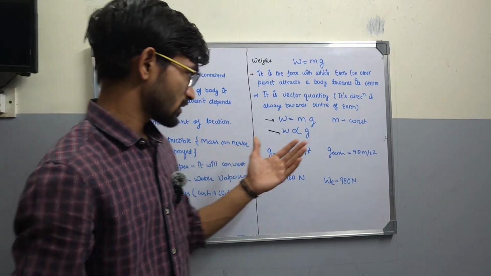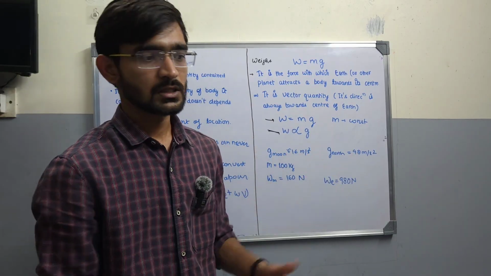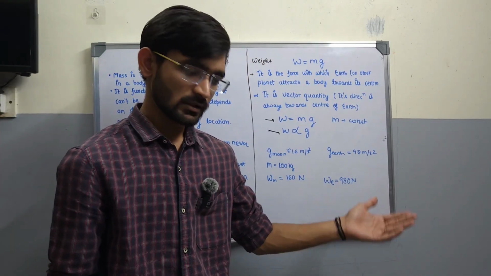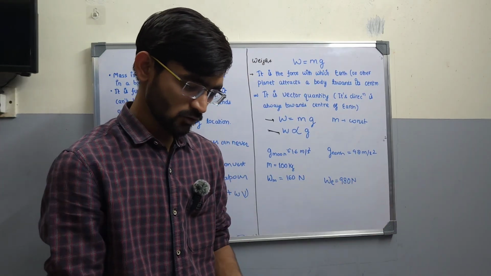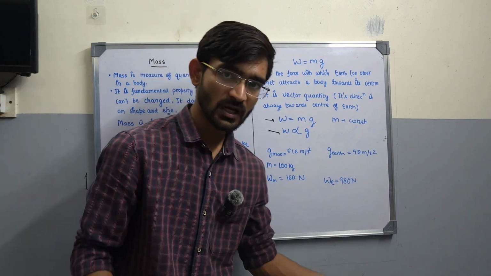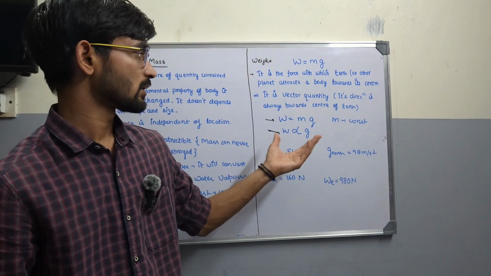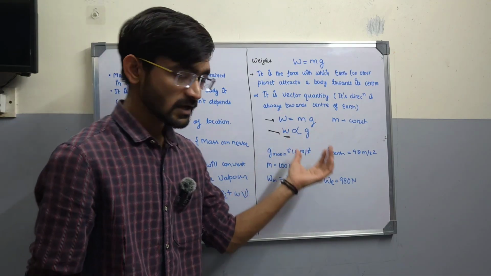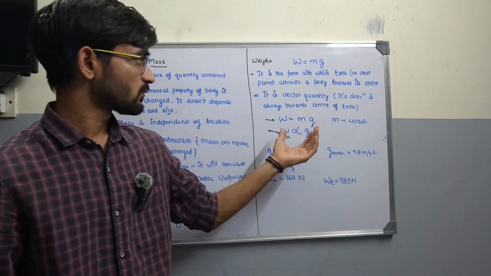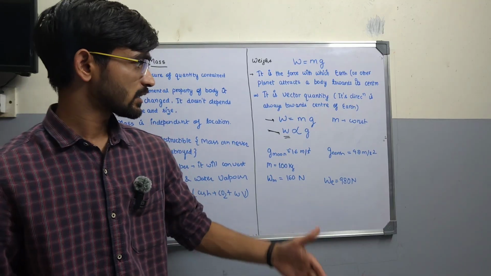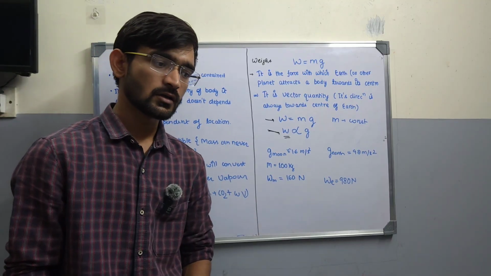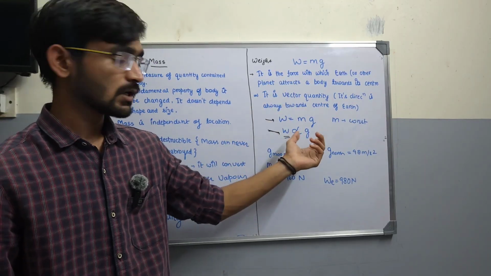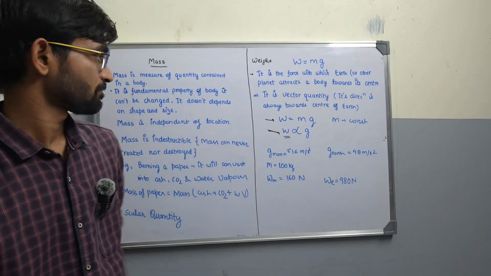In previous videos, we discussed how acceleration due to gravity changes with height, with the mass of the planet, with the radius of the planet, and how it changes when you go to some depth of a planet. In a similar way, the weight of a body will also change because it is directly proportional to g, and it will change according to g. As g changes, weight also changes. So everything will remain the same as you did for g. Everything will change in the same manner.